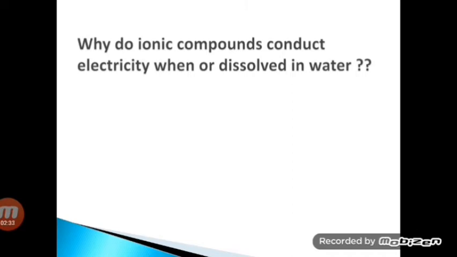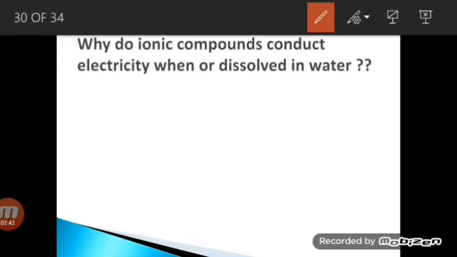So it's very difficult to conduct electricity, because electricity is basically the flow of charge, and for conduction of electricity there has to be some free moving charged particles. In the solid state, there won't be any free moving charged particles to conduct electricity. Therefore, ionic compounds will never conduct electricity at room temperature. So for that, they have to be dissolved in water or be in the molten state. Then they will be able to conduct electricity.